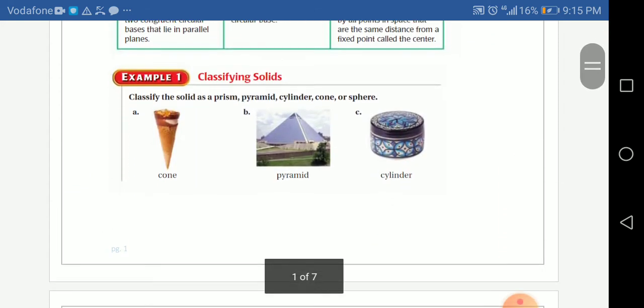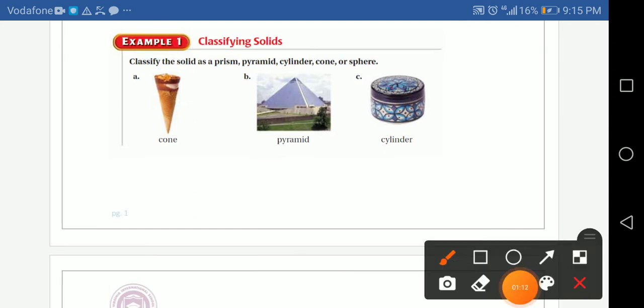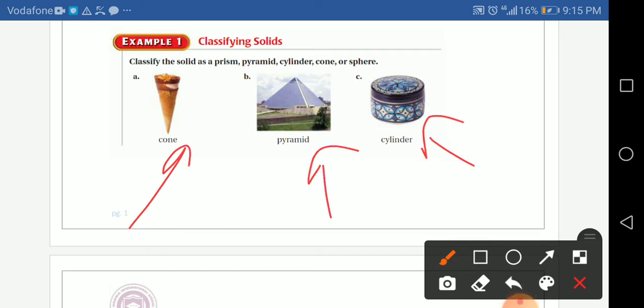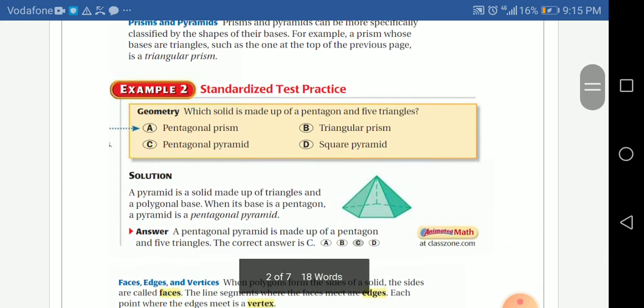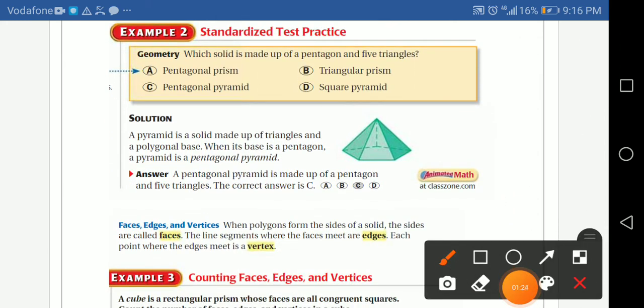Okay, so remember, classifying solids, we took this before in lower grades. So this is in the shape of a cone, this is a pyramid, and this is a cylinder. So if a question comes like this, which solid is made up of a pentagon and five triangles? So what do you think, guys?